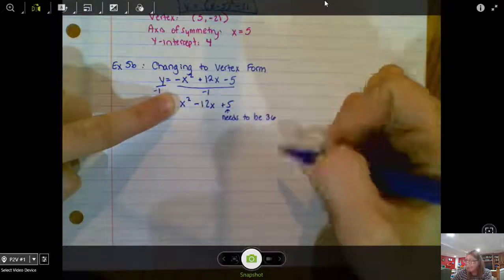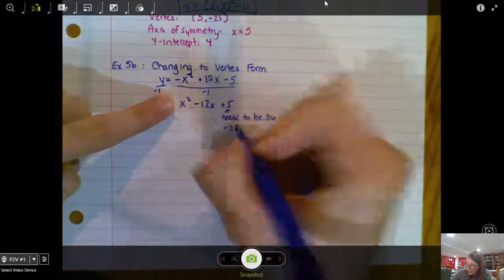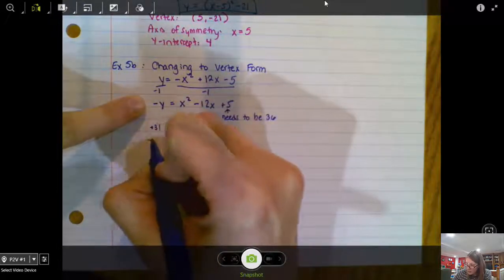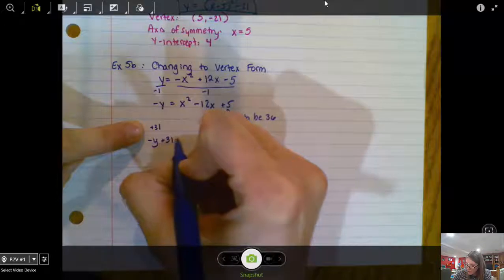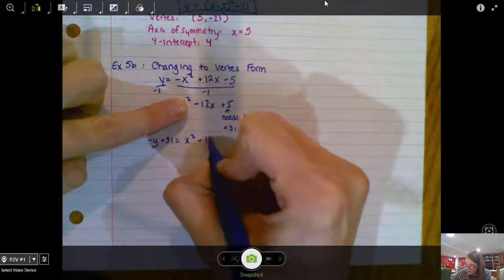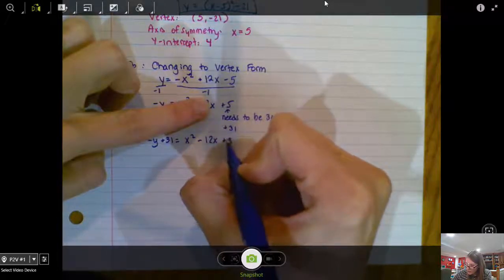And right now it's 5, which means I need to add 31 to both sides, which gives me negative y plus 31 equals x squared minus 12x plus 36.